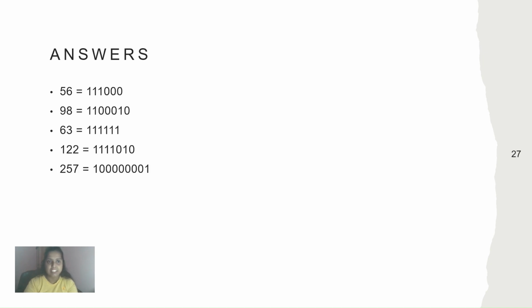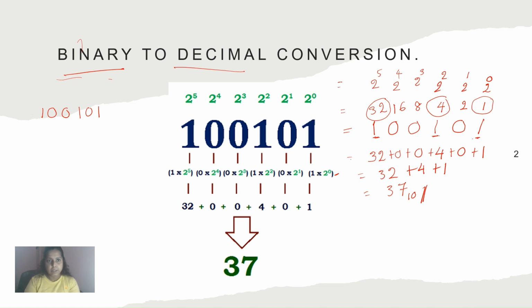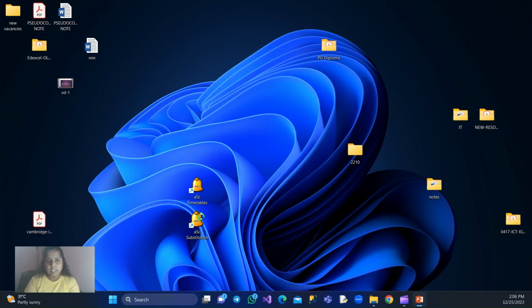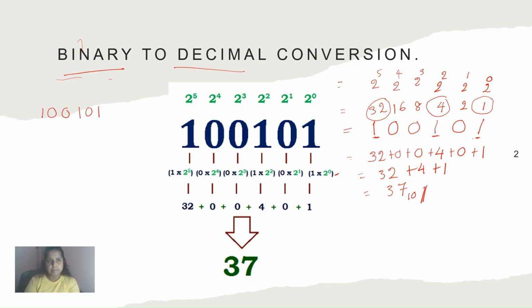Answers are also here. Now let's talk about binary to decimal conversion. That is a very important number conversion that we have to consider. In binary to decimal conversion, you write the binary number and then write the powers of 2, the place values, like this. You can write it above the number or beneath the number.